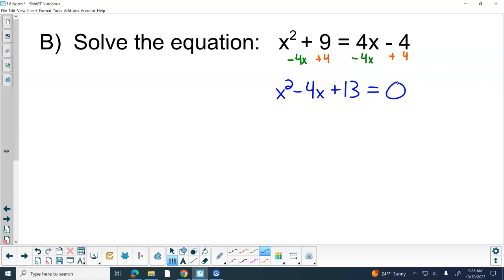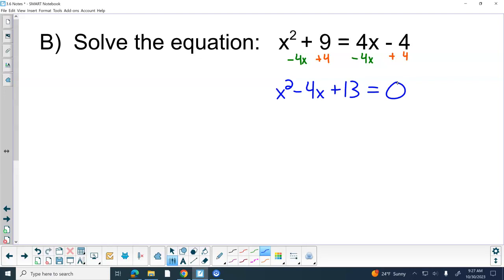First thing you should look for is if you can factor it. Are there 2 numbers in this world that multiply together to be positive 13 and add to be negative 4? What are the only 2 numbers in this world that multiply together to be positive 13? 1 and 13. Okay? And those would either give me 12 or 14. Okay? So we can't factor it.